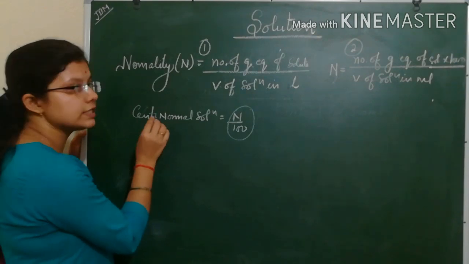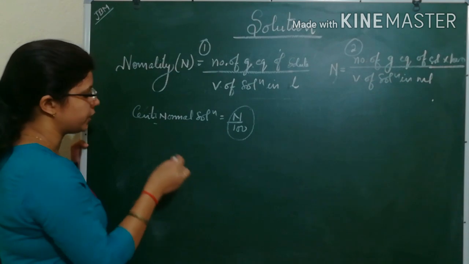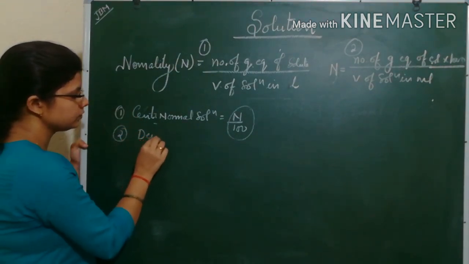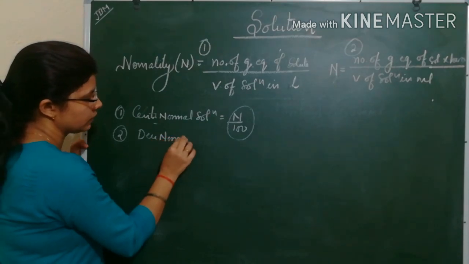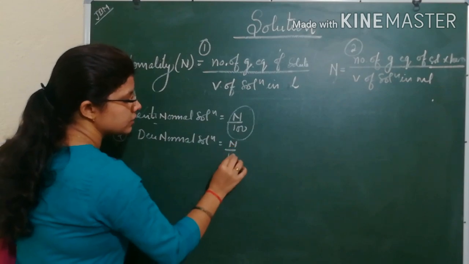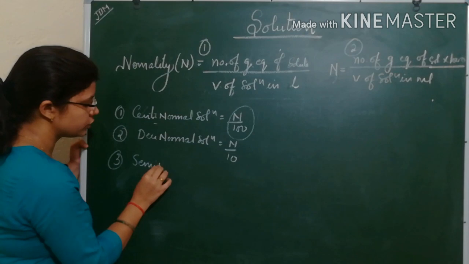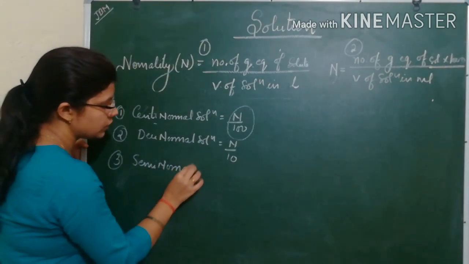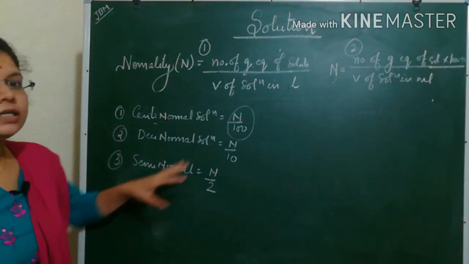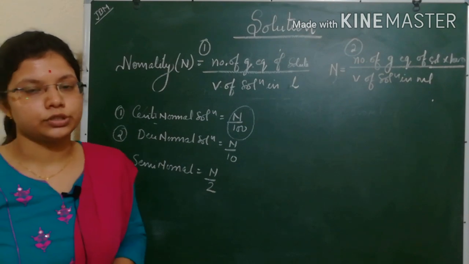If they say a deci-normal solution, what is the meaning of this? N by 10. If they say a semi-normal solution, what is the meaning of this? N by 2. So these are the terms sometimes given in the normality question.